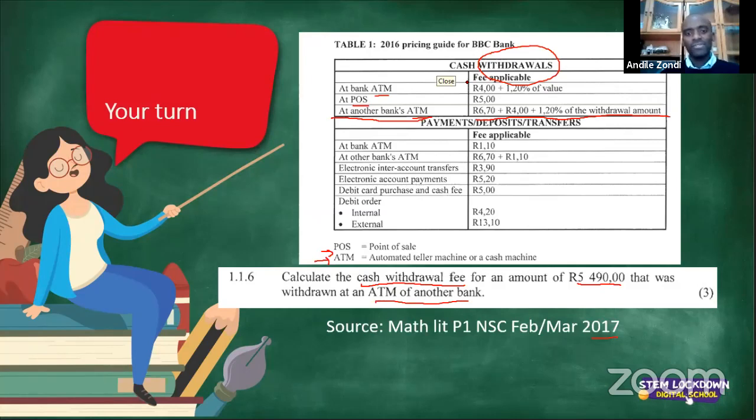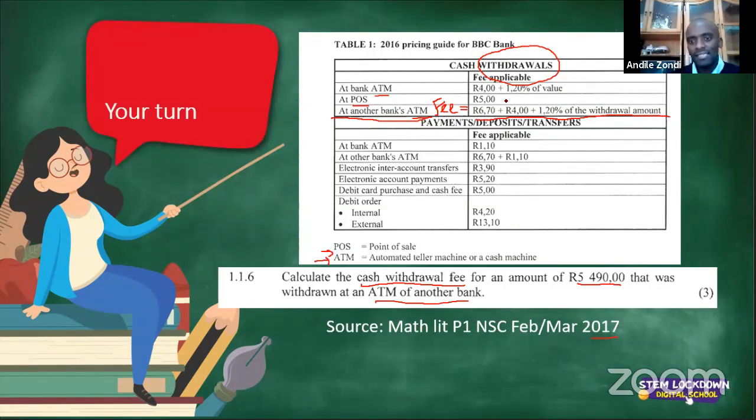So obviously what you do in this case, I have 3 minutes left. Your fee will be equal to this value, plus 4 rand, plus 1.2% of the amount withdrawn.